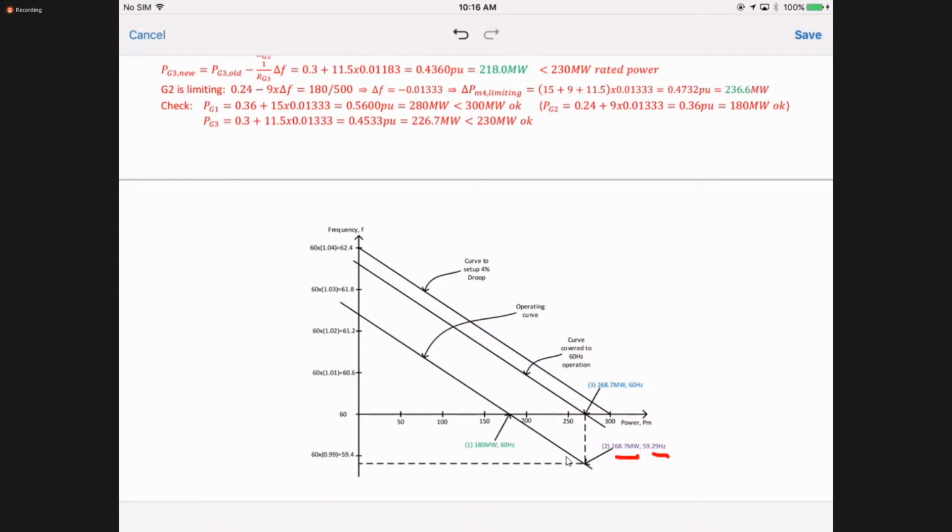And the load is not a fixed load, because actually it will go back and forth around this line after it settles down.